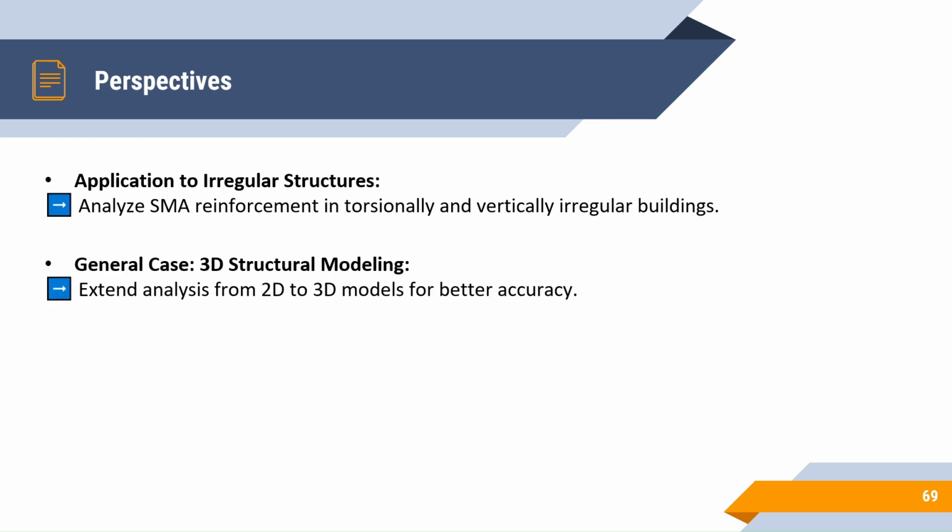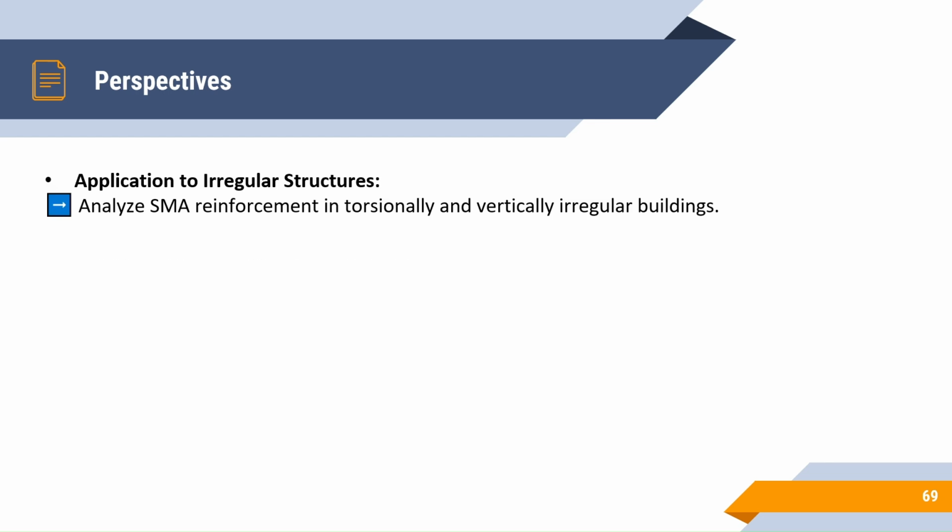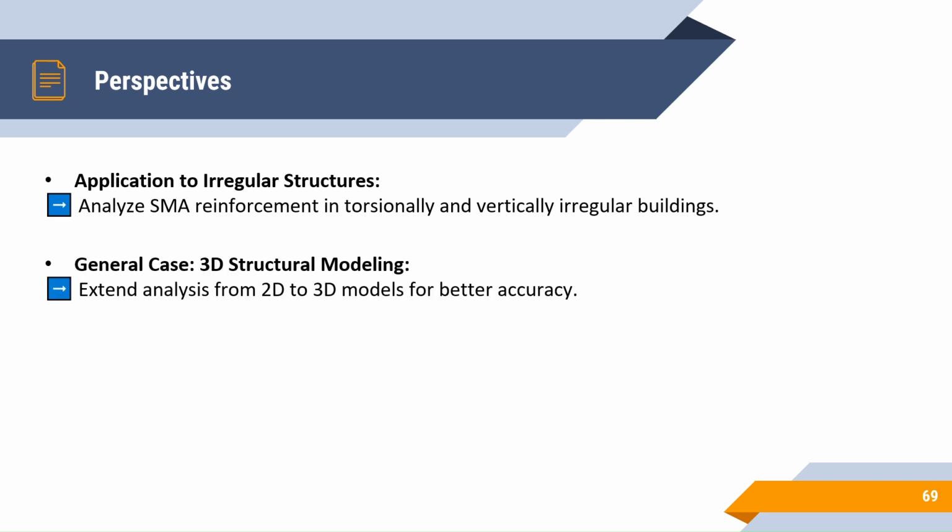For the perspectives, we aim to explore the application of shape memory alloy reinforcements in irregular structures. This will help us understand how shape memory alloy can improve the seismic performance of structures with complex geometries. Next, we plan to expand the analysis from 2D to 3D.